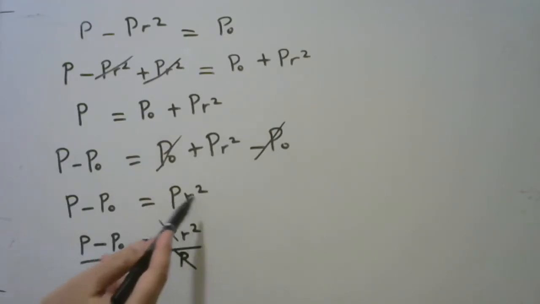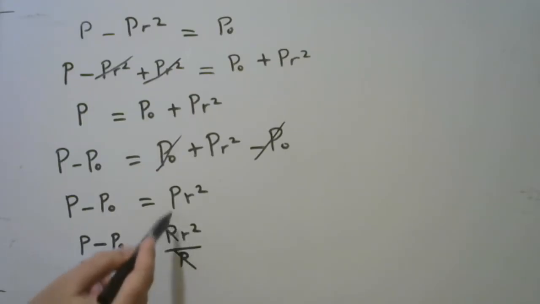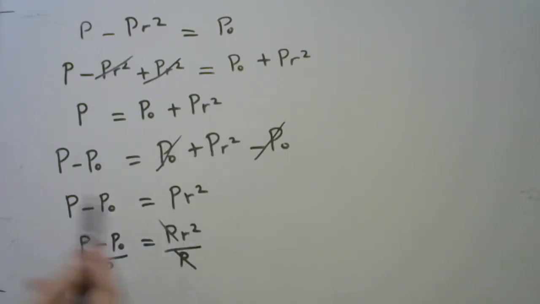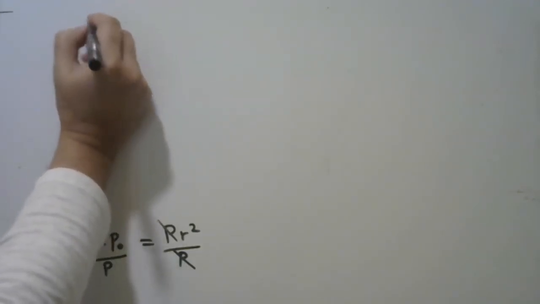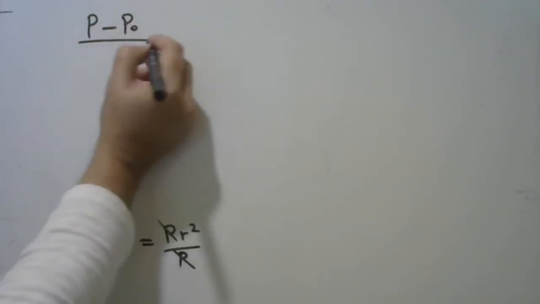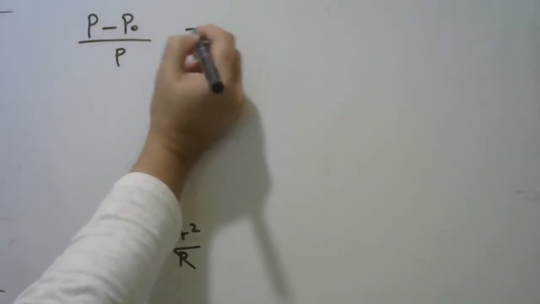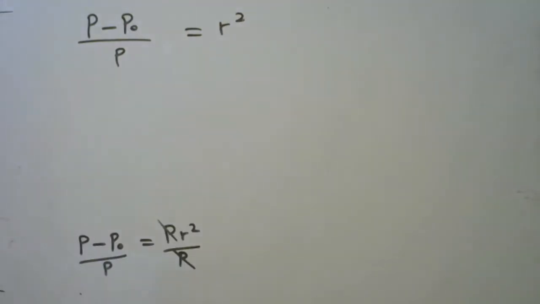Then now we are dividing by P because we want to get the R squared term, and then we can eventually get what is R, right? So from here, we can go to P minus P naught upon P is equal to R squared.